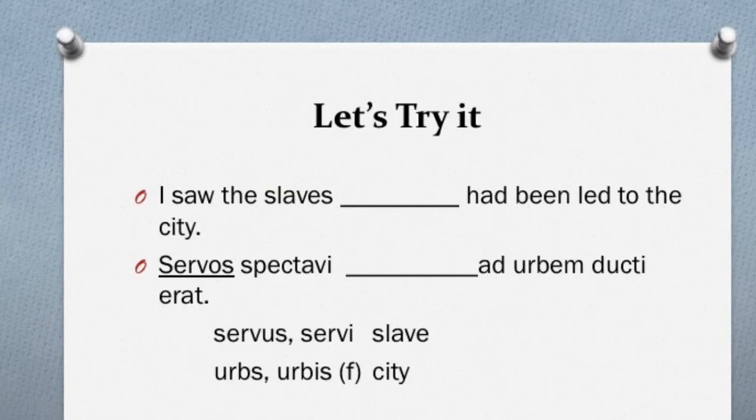They had been led to the city. So that's the word that serves as the subject of had been led and needs to fill in the blank. Remember that subjects are nominative, so that's our case, and we get our gender and number from the antecedent. So you tell me, what will the pronoun look like in both English and in Latin?